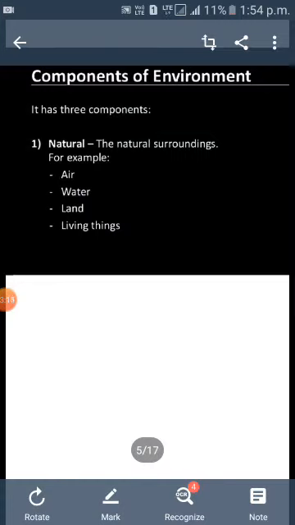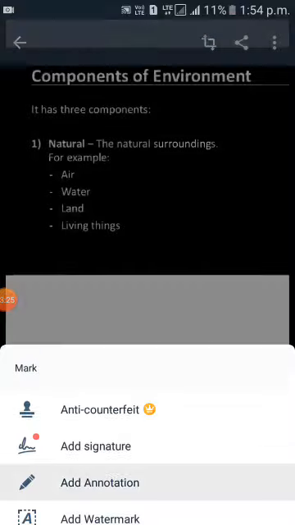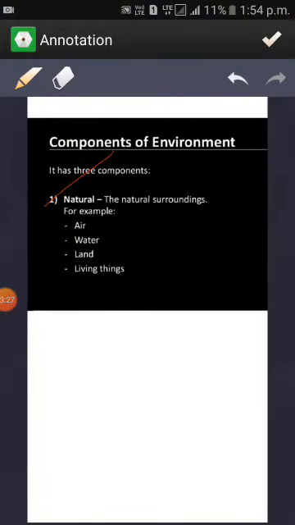So we can say that an environment has components. The natural components include air, water, land, living things.